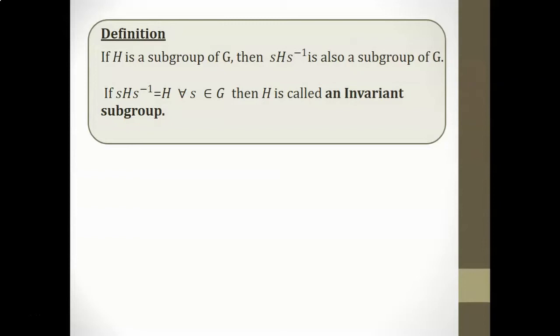Now, if S H S minus 1 is the group H, then H is called an invariant subgroup. This means that no matter what element A belongs to H, if I make S A S minus 1, I get an element B that belongs to H.